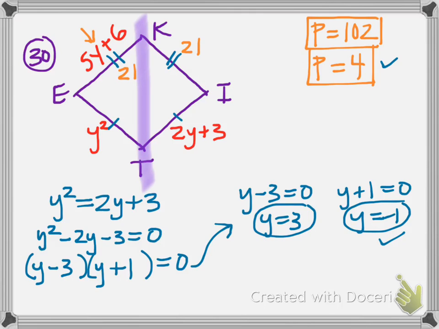If I look at the other two sides, y squared, or 3 squared, gives me 9. If I plug in y right here with 3, 2 times 3 is 6, plus 3 is 9. And if I add up those four numbers, 21, 21, 9, and 9, we get a perimeter of 60. So these are the 3 possible perimeters for this particular kite.